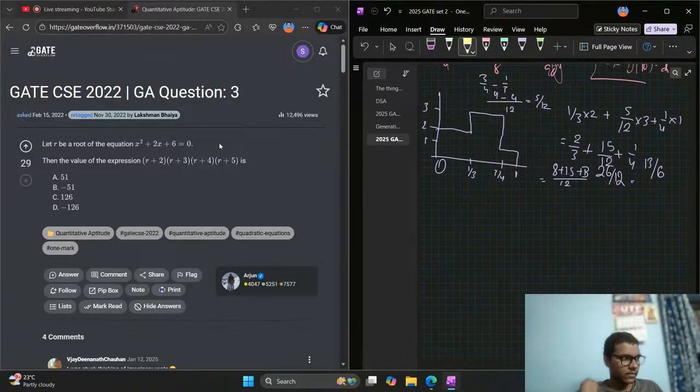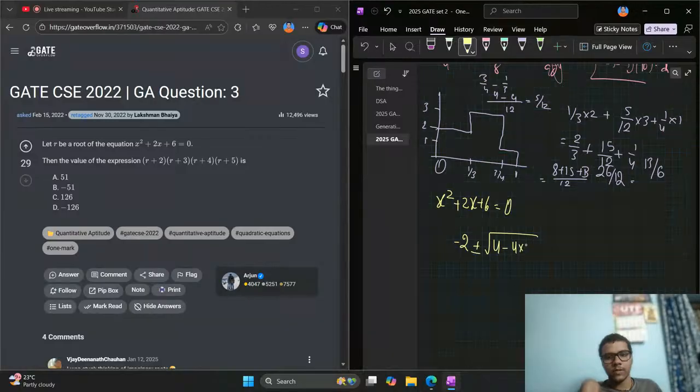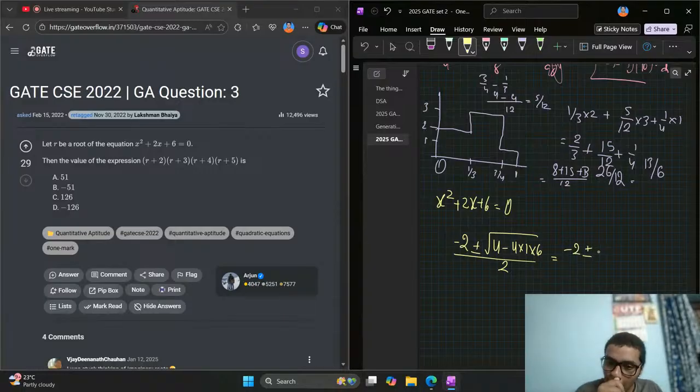Let's do it: x square plus 2x plus 6 is equal to 0. Minus b plus or minus root b squared minus 4ac by 2a. Quadratic equations, you need complex numbers for this one too.